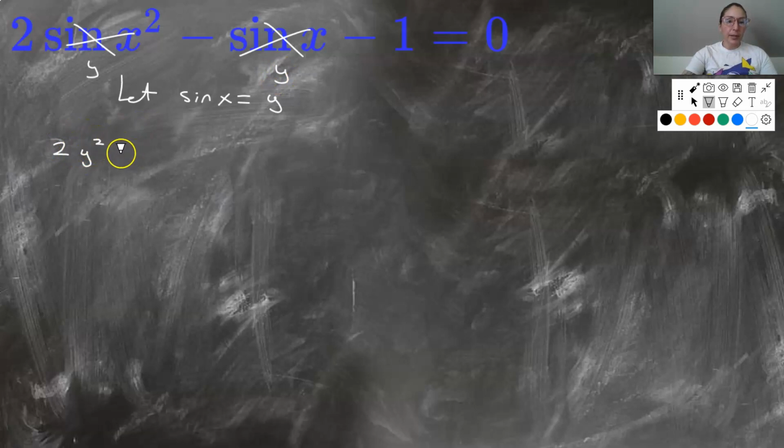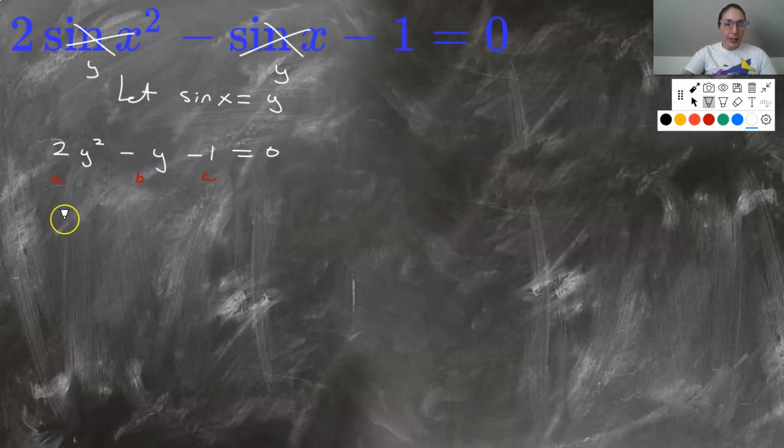So we would have 2y squared minus y minus 1 equals 0. How do we solve this? Well, we could either factor it or throw it into the quadratic formula. For old time's sake, I'm going to use the quadratic formula. There's a, there's b, there's c. Quadratic formula: negative b plus or minus the square root of b squared minus 4ac, all over 2a.